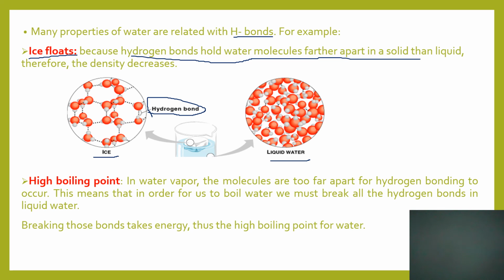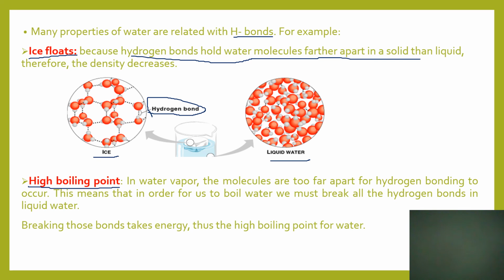The second property of water is its high boiling point. Water has a relatively high boiling point, around 100 degrees centigrade. Heat is required to change liquid water into vapor. This is because of these hydrogen bonds.